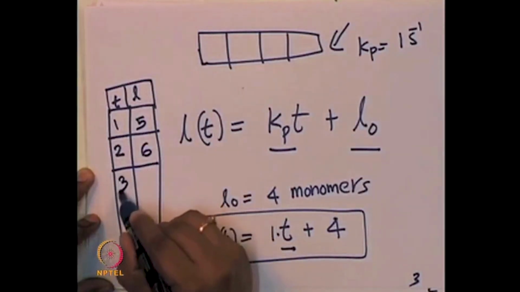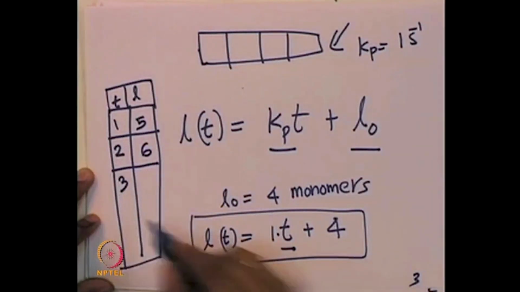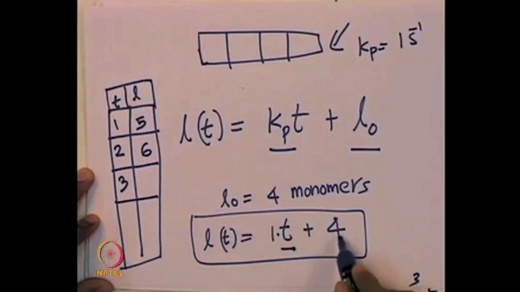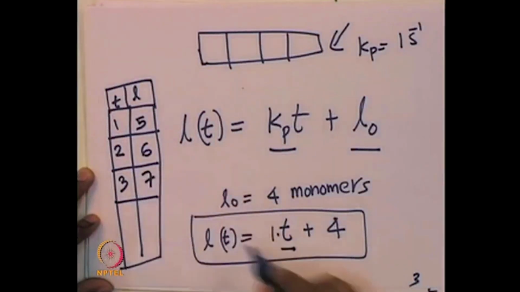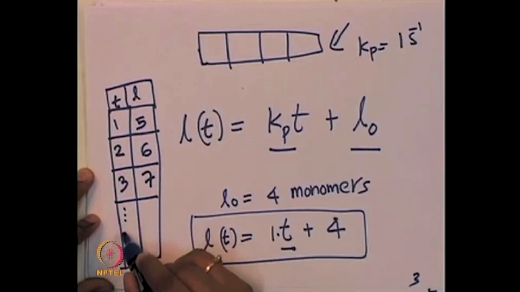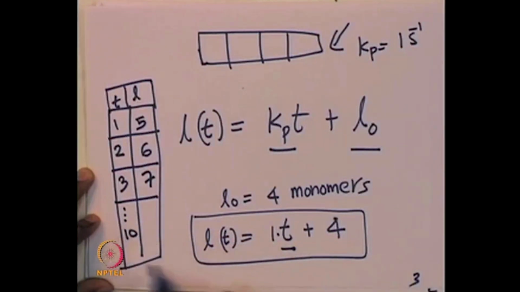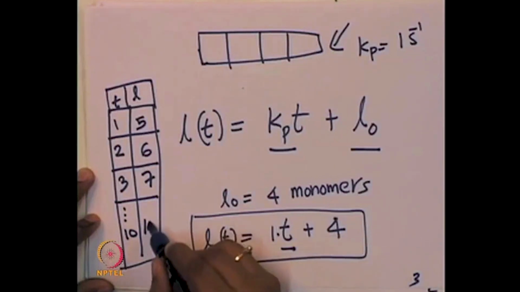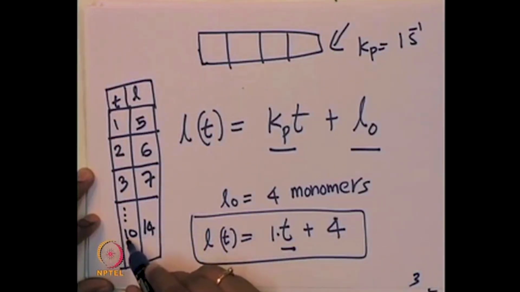When t is 3 seconds, 3 into 1 plus 4, 7. Similarly, if t is 10, then 10 into 1 plus 4, 14. So, for any value of t, there will be a value of L.